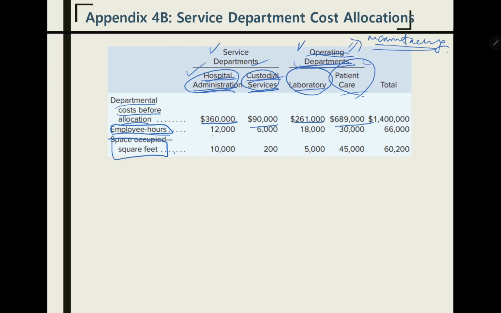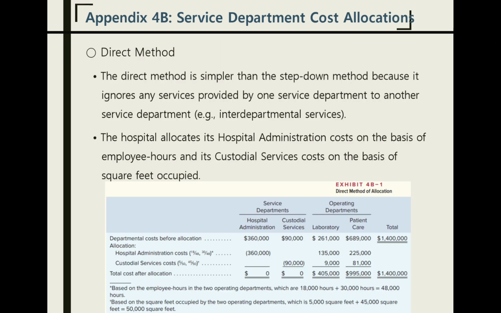Employee hours for hospital administration is 12,000 hours, custodial services 6,000 hours, laboratory 18,000 hours, patient care 30,000 hours. The occupied square footage is 10,000 square feet for hospital administration, 200 for custodial, 500 for laboratory, 45,000 for patient care.